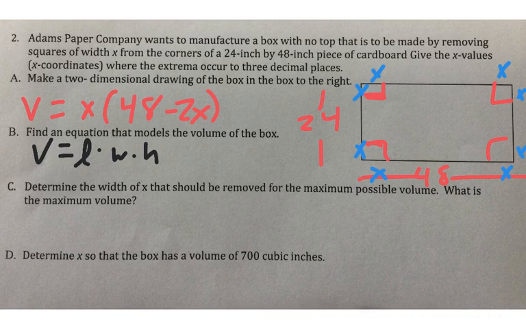Anybody okay with where that comes from? And the width would be 24 minus 2X. That's the answer they wanted on the B part: X times 48 minus 2X times 24 minus 2X.